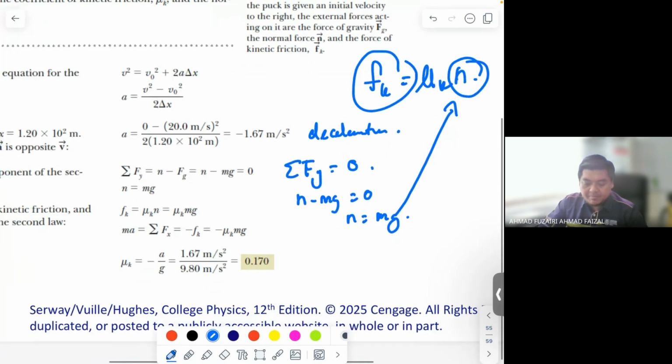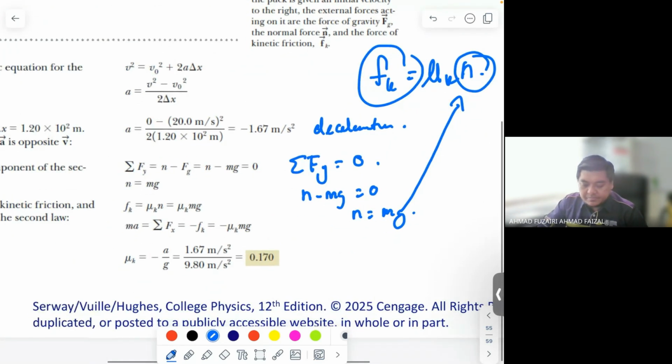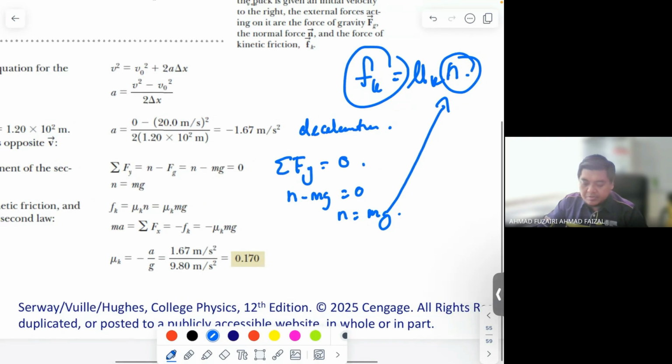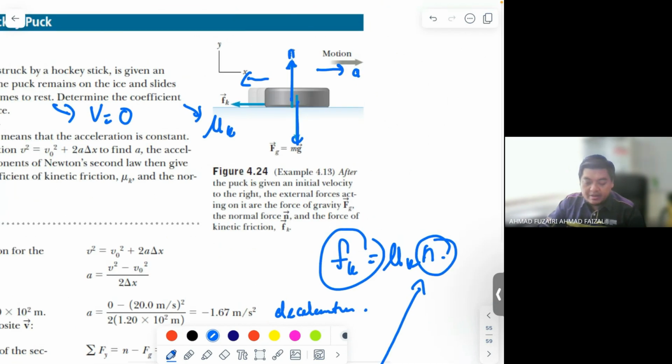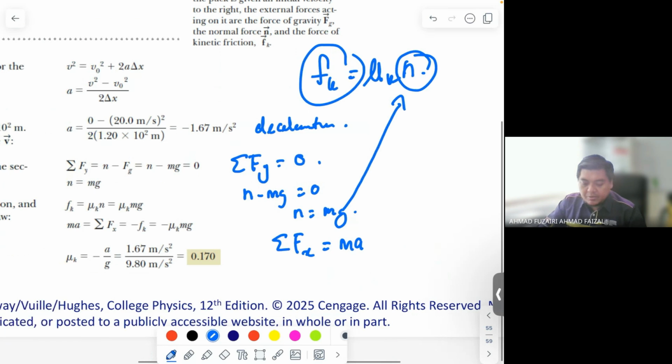And then what happens to Fk? You need to use the summation of Fx equals ma. There is only Fk in the x-axis, and this one doesn't have any force on the positive x.